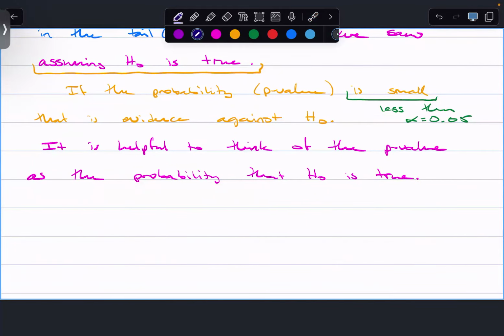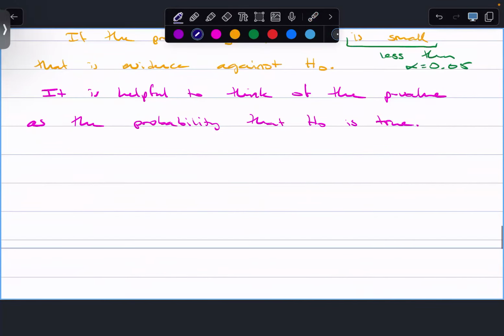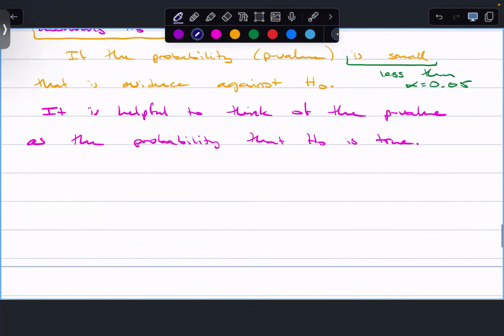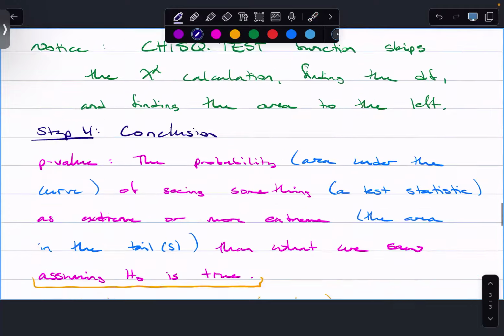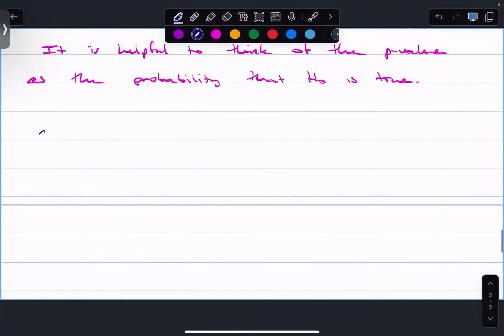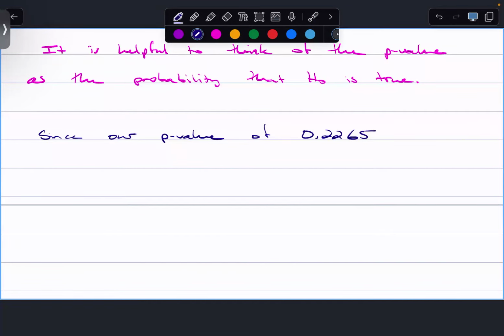So our conclusion: we have a p-value. We found it was 0.2265. So since our p-value of 0.2265, we know what it is, so just say what it is. What do we have to do? We have to compare it to 0.05. Is this less than 0.05 or not?